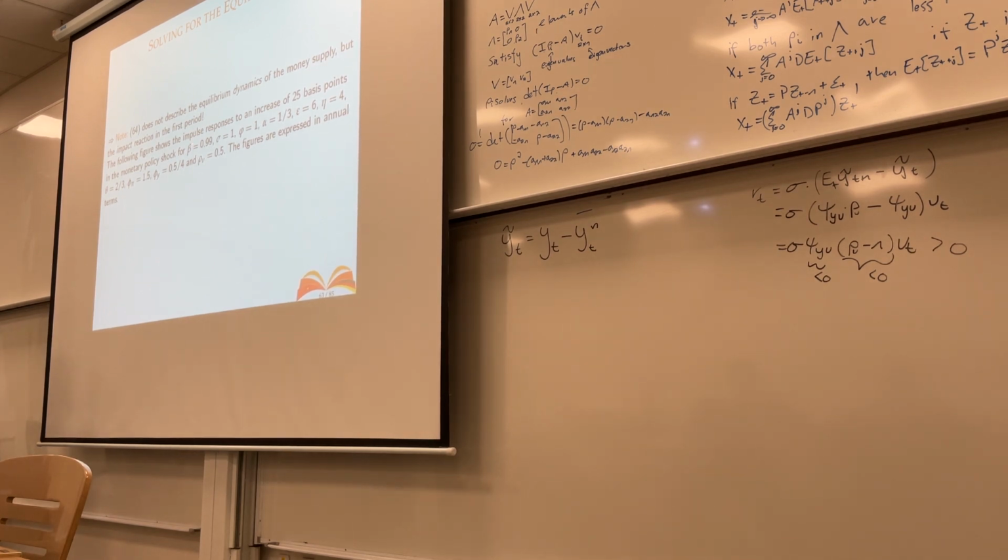We have our beta here, our discount factor of 0.99, which means we discount by 1% on a quarterly basis, so roughly a 4% annual real interest rate would be the natural rate of interest based on our impatience.